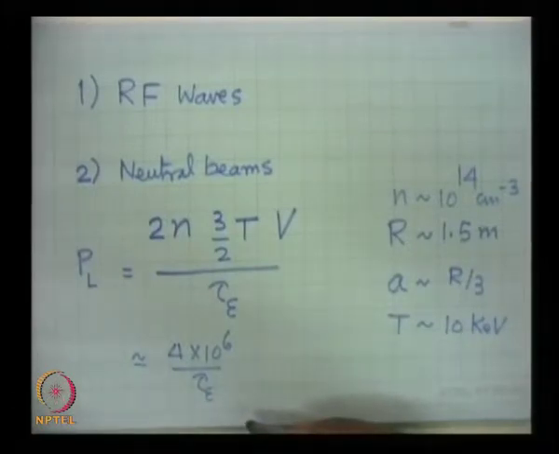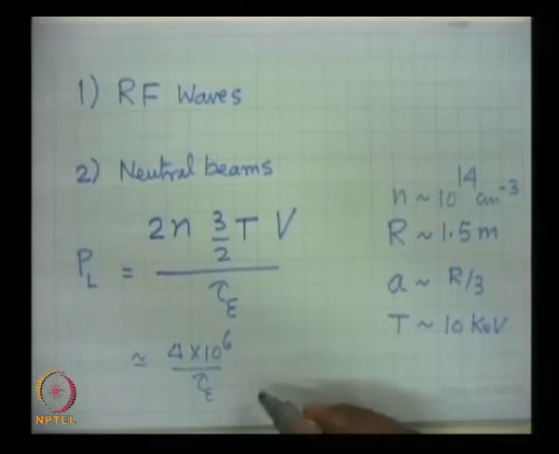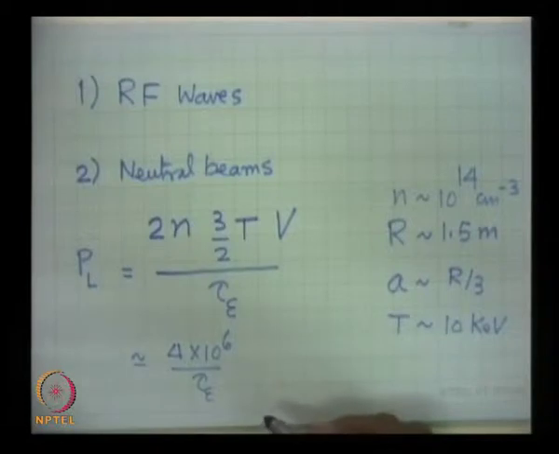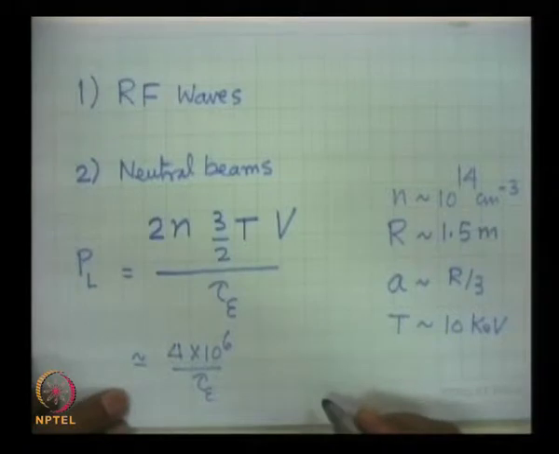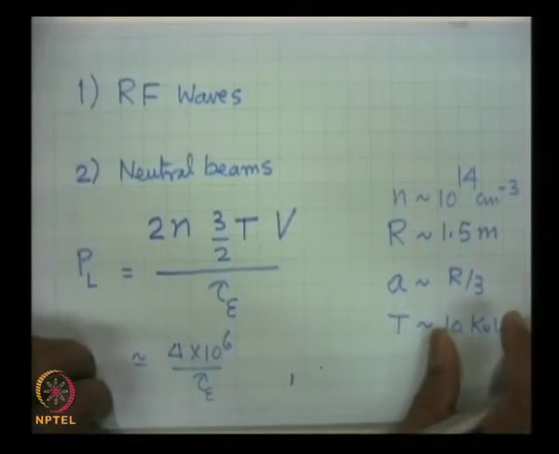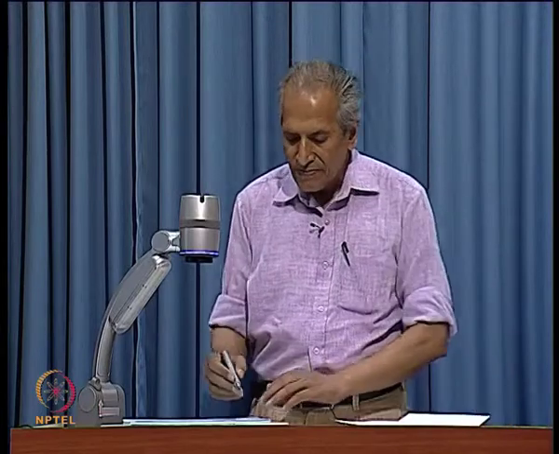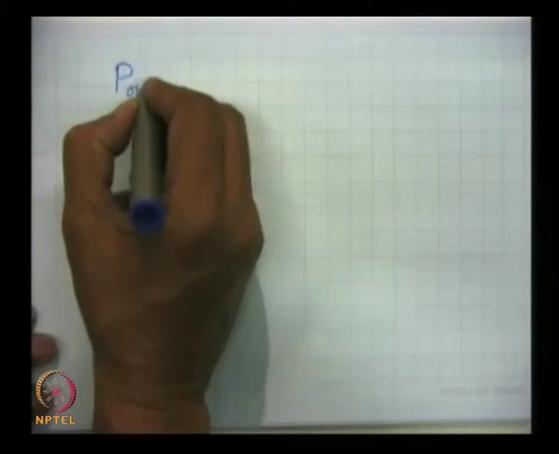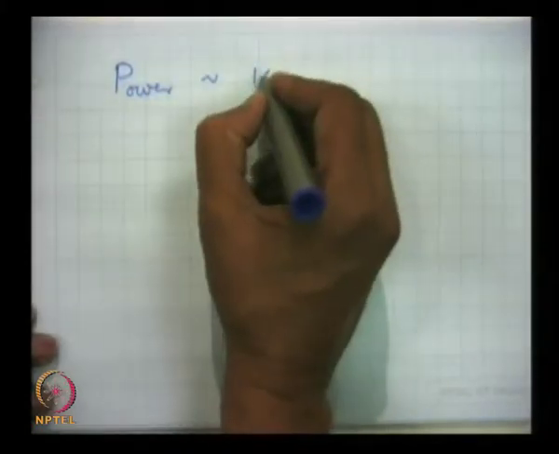For an ITER kind of tokamak, where the volume is much larger, one should envisage powers typically of the order of 100 megawatt. So, we are targeting particle beams, neutral beams or radio frequency waves with powers of the order of 100 megawatt. If we are using neutral beams, then the power required is typically in the domain of 10 to 100 megawatt.